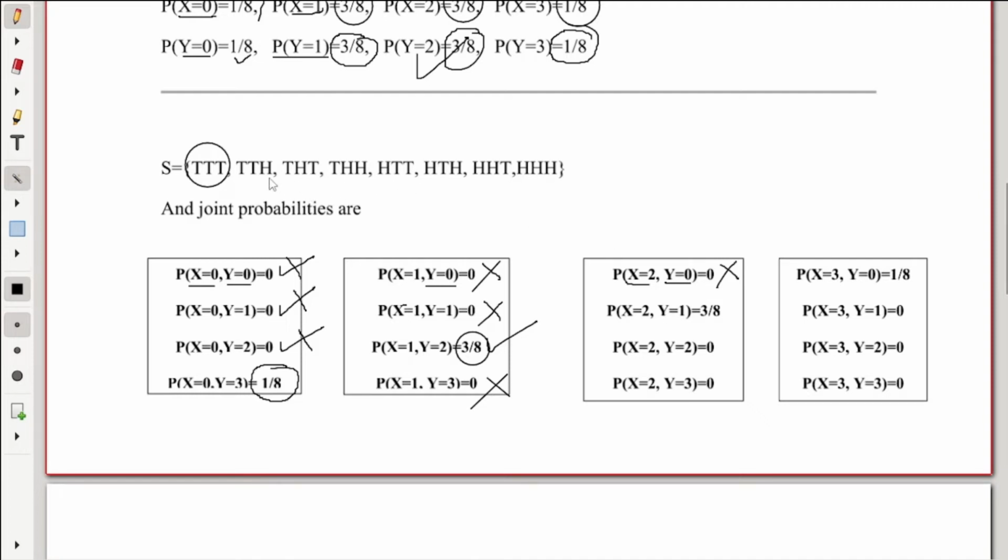You can see from the list, 2 heads and 1 tail, 3 favorable cases. Not possible for 2 heads and 2 tails or 3 tails. 3 heads, 0 tail, that is possible. Others are not possible.